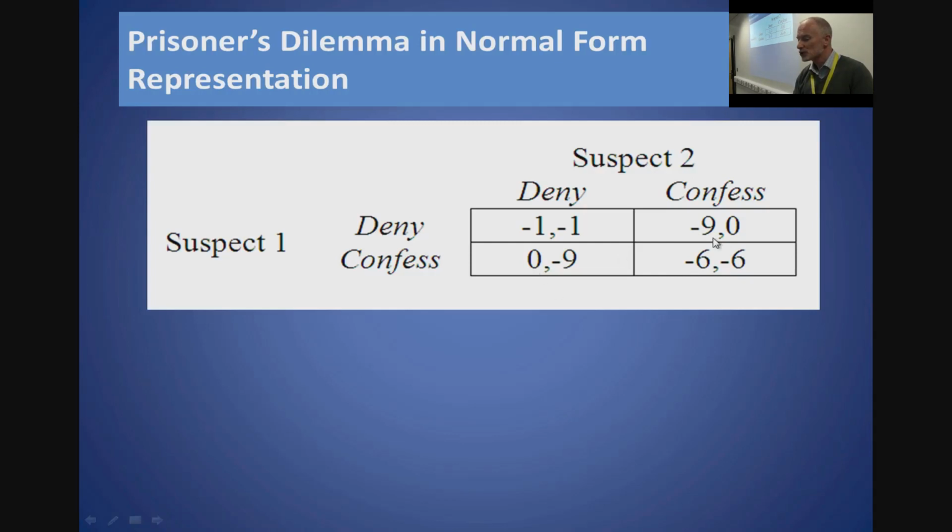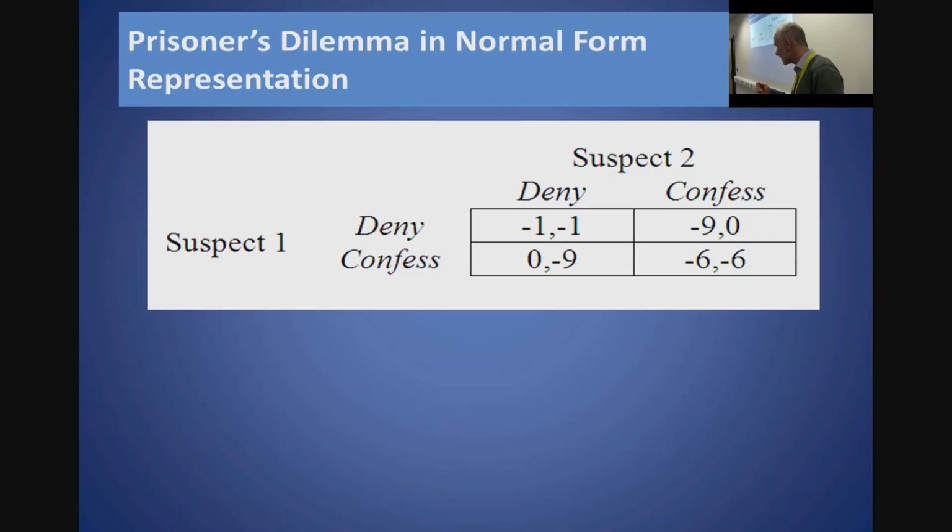What about these two corner points here? Bottom left, top right. Remember what the game was. This, for example, that cell in the bottom left, that is suspect 1 confessing, while suspect 2 denies. And we said the person who confesses is let off with 0 time in prison.